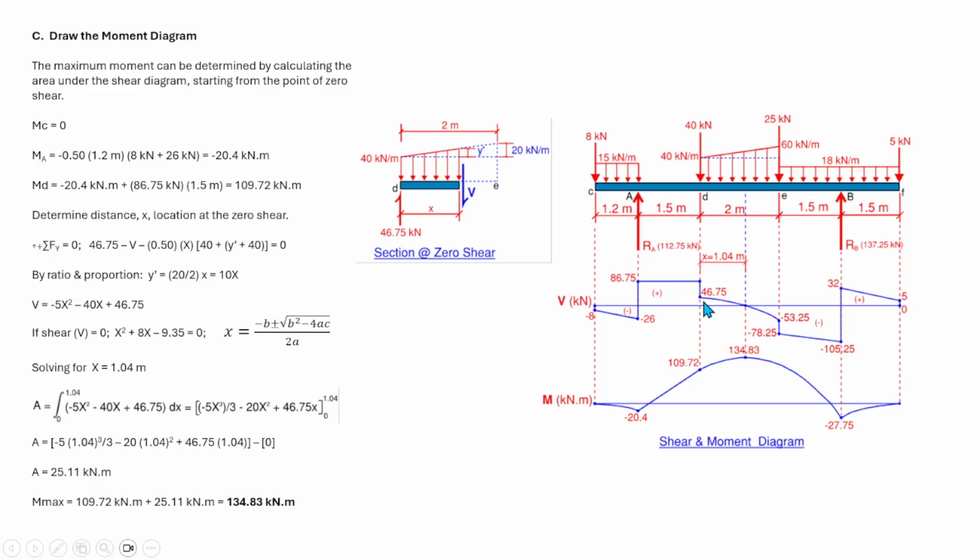And from this point to the point where the shear is 0, that is positive. So in our moment diagram the slope is positive until we reach the point where the slope is horizontal. That is what we call here contraflexion, the transition between the positive to negative slope.